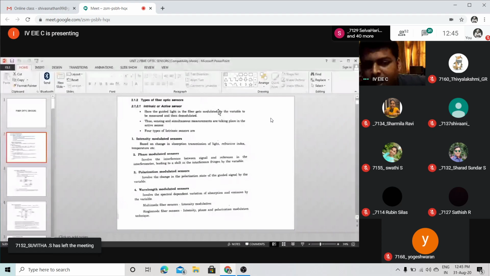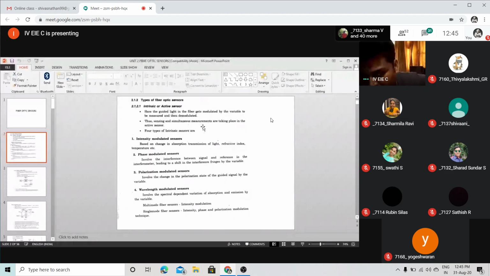And then the second is sensing and simultaneous measurements are possible. Okay, clear? So the fiber gets modulated by the variable to be measured. Yeah, the supporting parameters are 4 kinds. Clear? So under intrinsic type, we have first kind to be intensity modulated sensors.